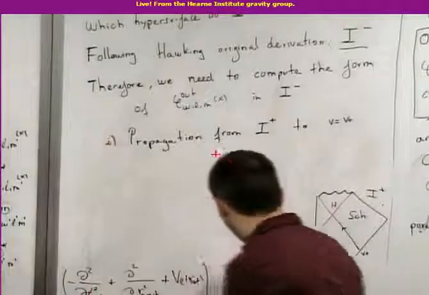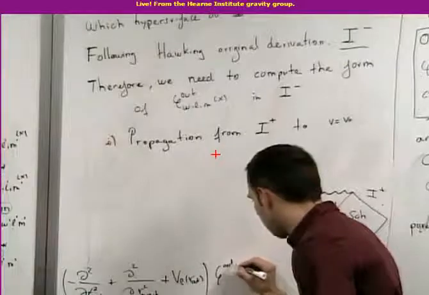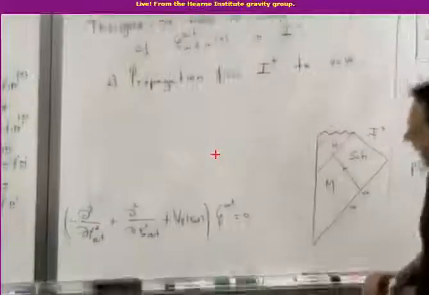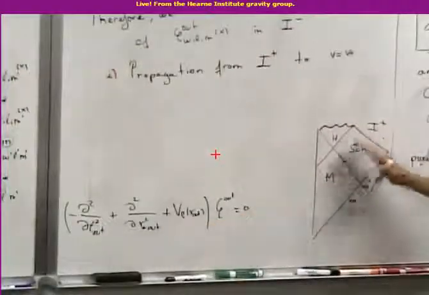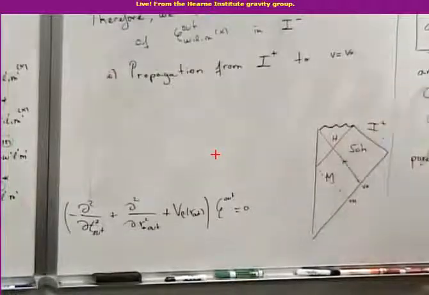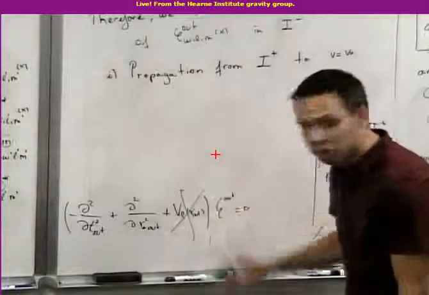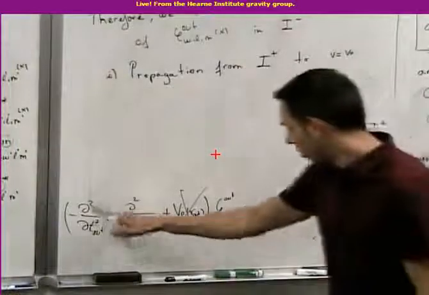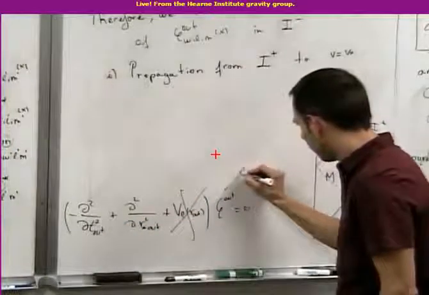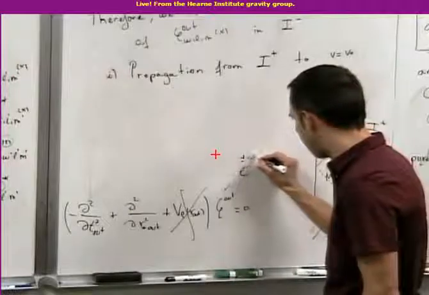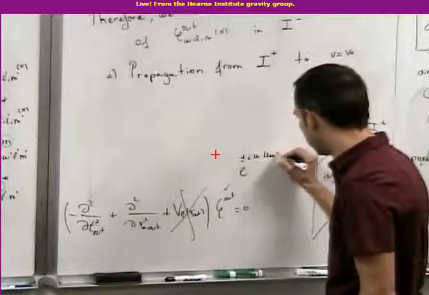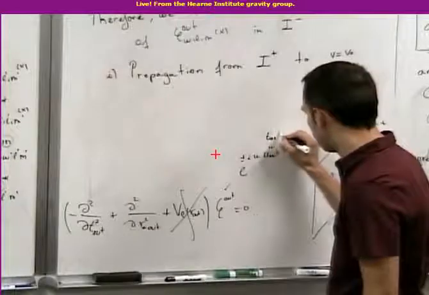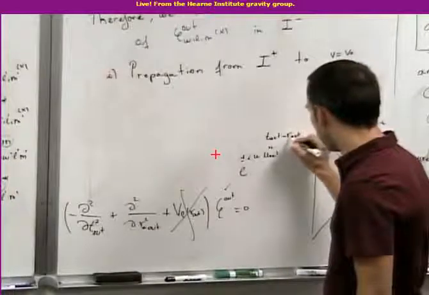Remember that the wave equation was something like that. So we have a potential here, and therefore the propagation is not trivial. But if you neglect the potential, the evolution is trivial. Solutions to this equation are e to the plus minus i omega u out. Remember, u out is just t out minus r out star.